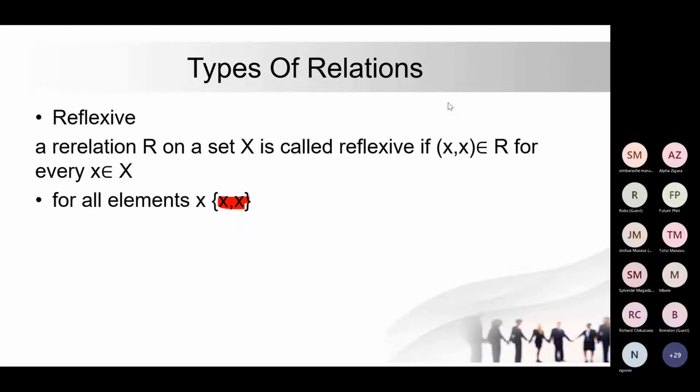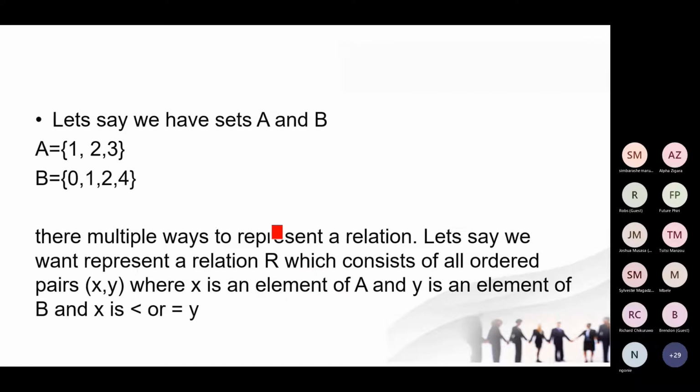So in set theory, a binary relation on set A is said to be a reflexive relation if every element of the set is related to itself. Let us consider a mathematical example to understand this concept.